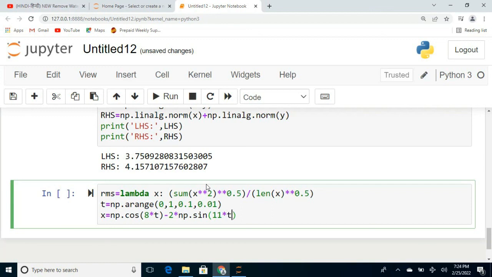I am very sorry if you are feeling the background noise and I hope you will not mind it. Of course there is something in the background, we are feeling a little bit of noise, and I will just request you, if you are feeling that there is background noise, then please ignore it. Just focus on the screen, what I am writing, what I am explaining, and how you can use this code.